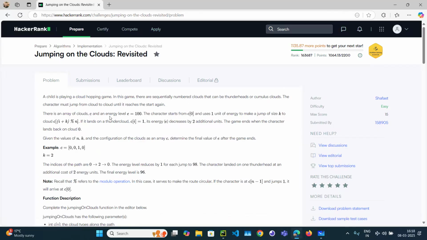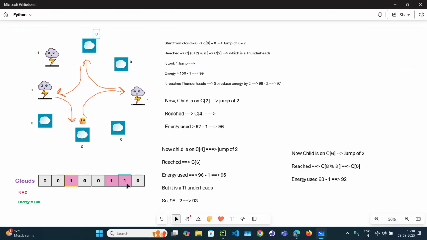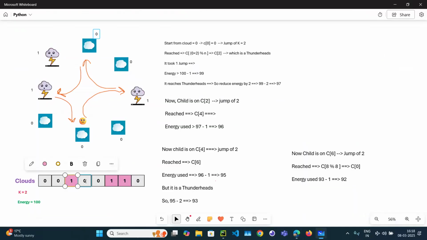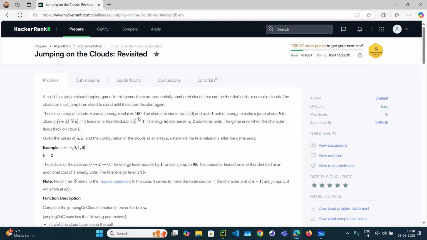There is an array of clouds, right? So you could see you have an array of the clouds. Starting with c0, which is 0, a silent cloud, a normal cloud, again 0, then 1, which is a thunderhead cloud, then 0 0, then 1 1, and then 0. So you have a total of eight clouds.